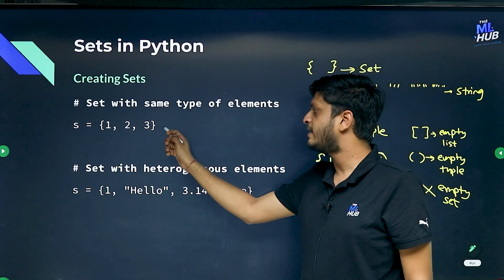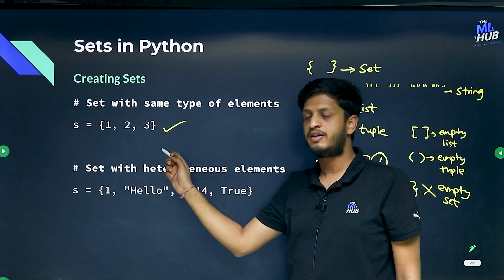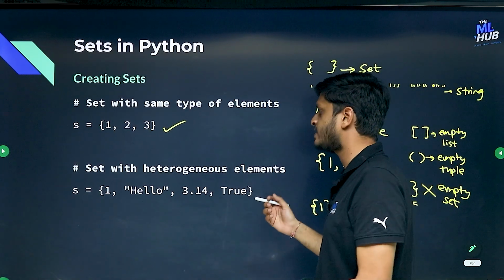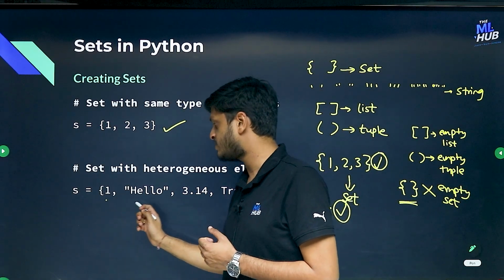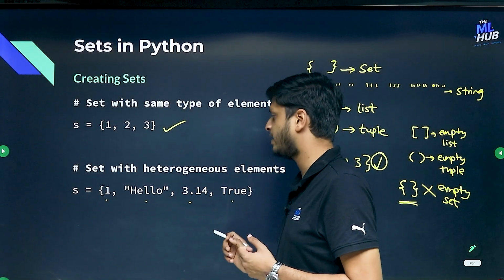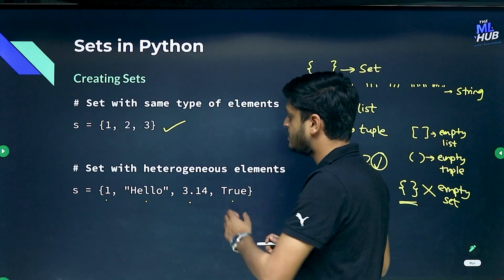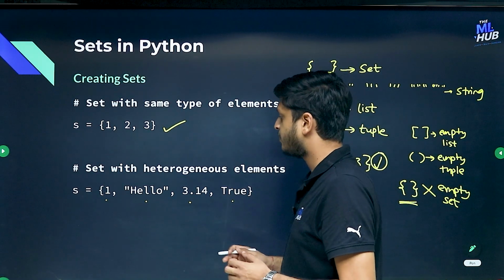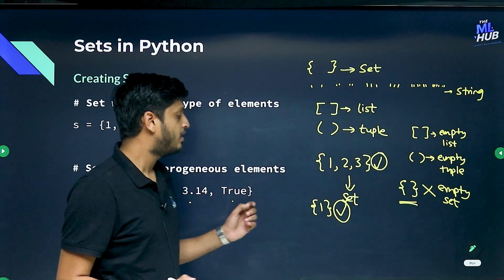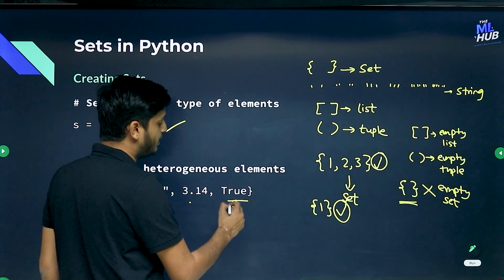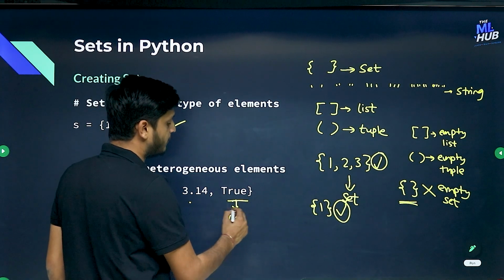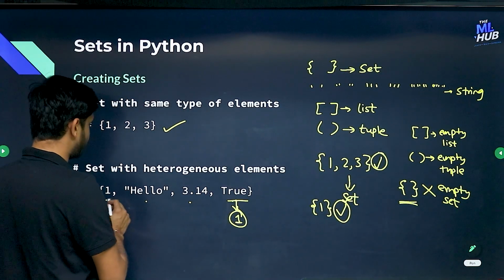So a set can contain the same type of elements like integer, integer, integer, or a set can contain heterogeneous elements, which means different types of elements as well. Here we have an integer, a string, a floating point number, and a boolean value. If you add these 4 values in a set, what will happen? There is one catch here. Boolean values are a subclass of integer, and True internally is considered as 1 only, and 1 is already present in the set.